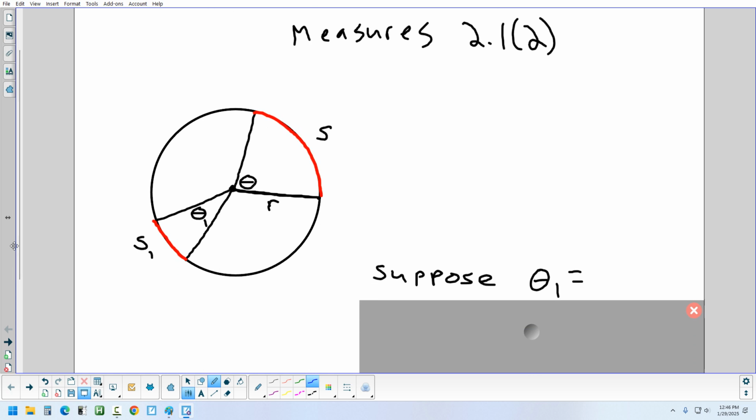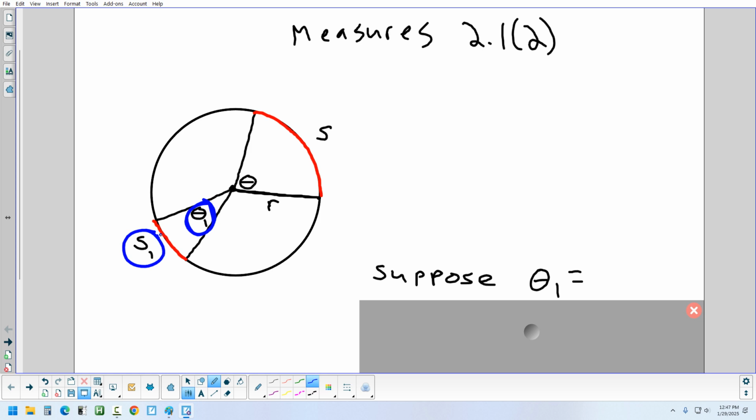Let's suppose that theta 1 was a certain size, just like we supposed 1 foot equals 12 inches. If this angle is a certain size, then it will automatically make this a certain size. We learned that yesterday. Does anybody remember how big this angle has to be so that this arc comes out the same as something else in that picture?